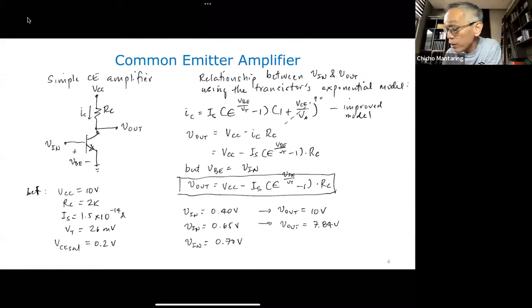We already have a collector current flowing, and when a collector current flows, there's a voltage drop across RC, and therefore we expect V out now to be less than VCC. In other words, as V in increases, you get I C increasing, and V out will be decreasing. So we see that happening here.